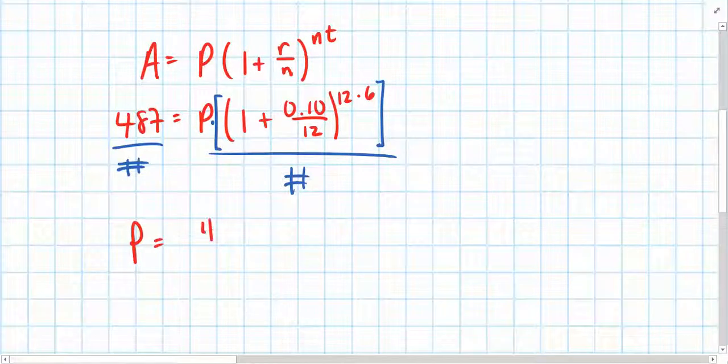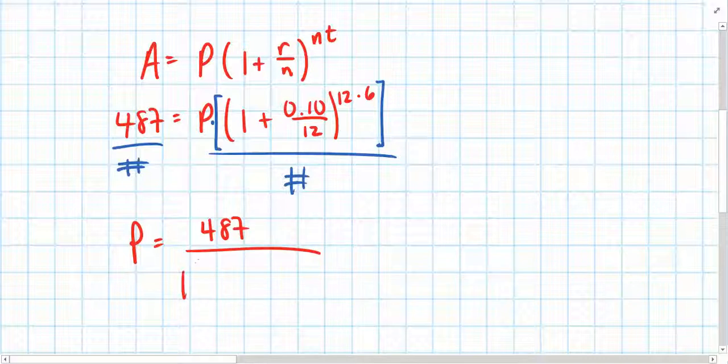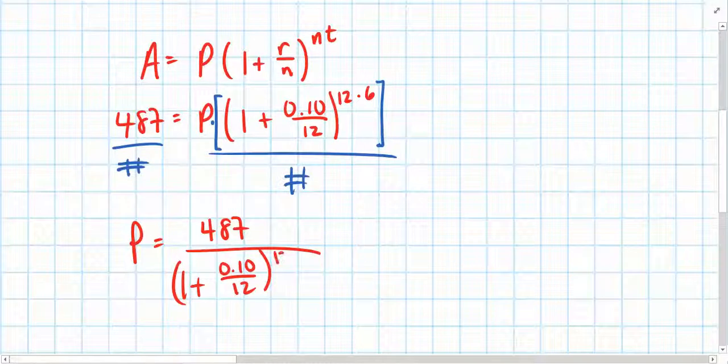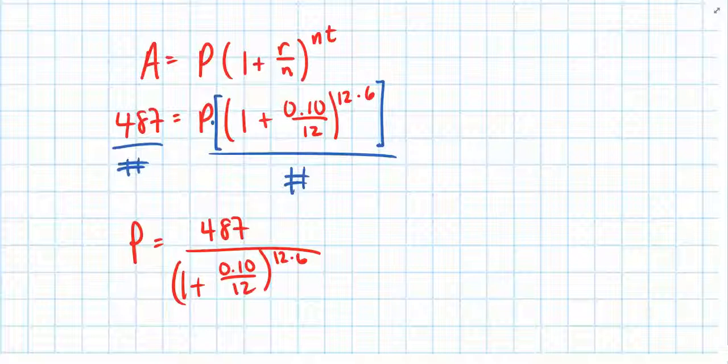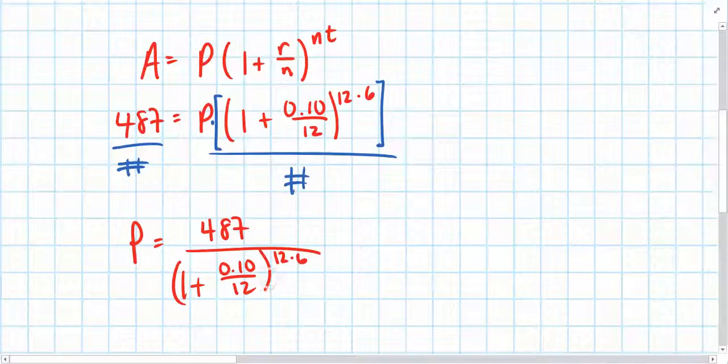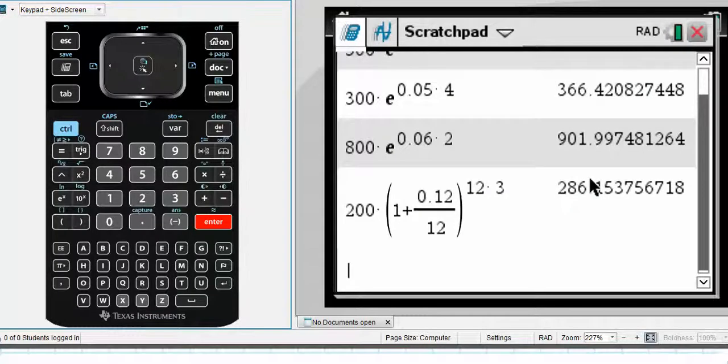P isolated by itself would be $487 divided by 1 plus 0.10 divided by 12 raised to the 12 times 6 power. And this is something that you can enter into the TI calculators in one step so that you don't have to worry about rounding this decimal along the way.